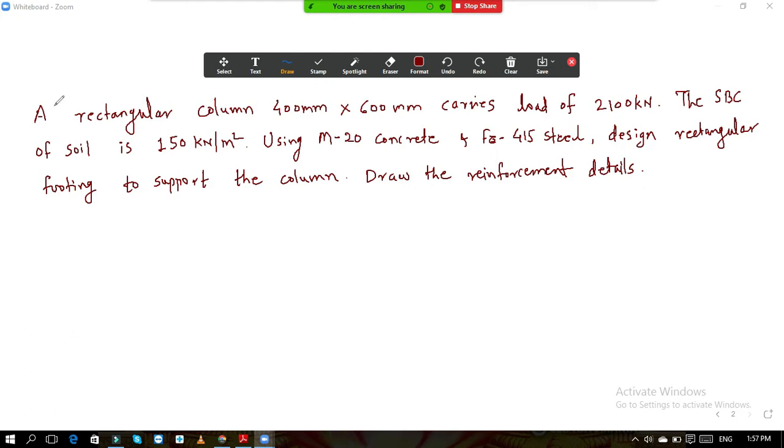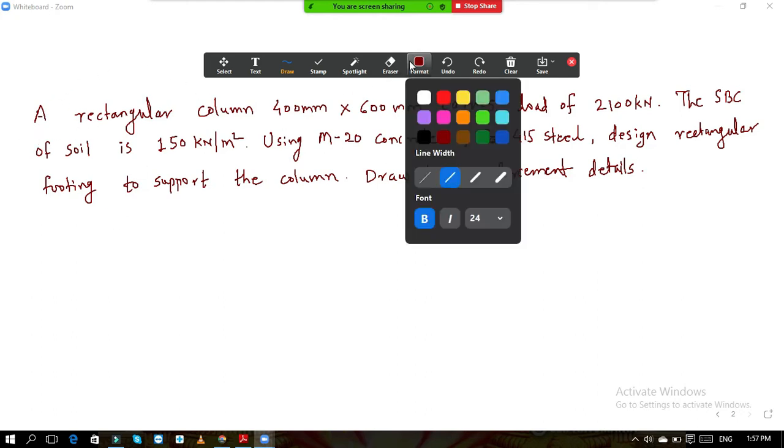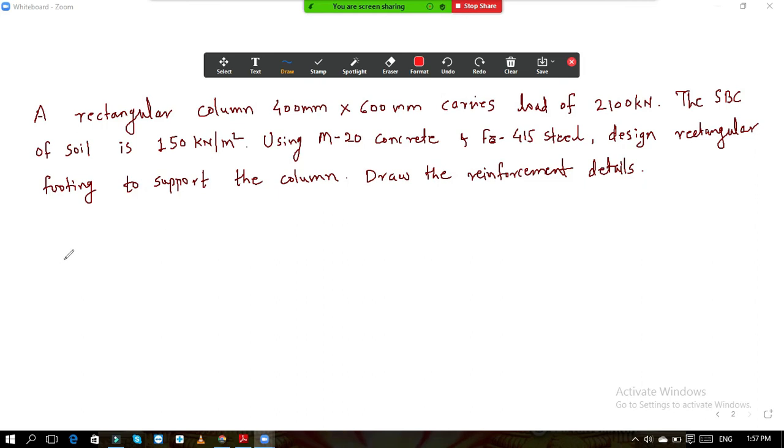So what is the load on column? First we will calculate, write down over here, size of column. Size of column is 400 mm by 600 mm. Okay.